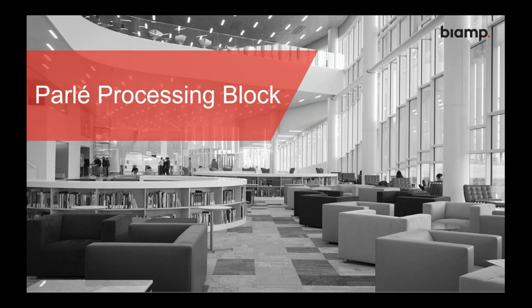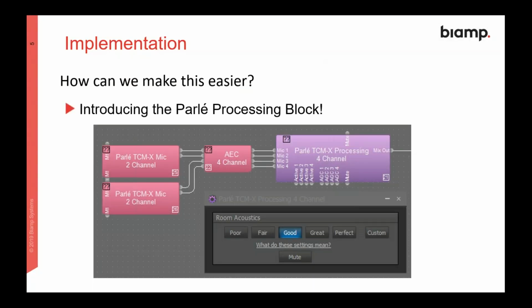So let's get into the Parle processing block. We've had the TCM1 microphone on the market for, I guess it's been almost 2 years, maybe a little over 2 years now. And how that gets deployed in rooms, and what we need to do to make a room sound good, has evolved over the last couple of years.